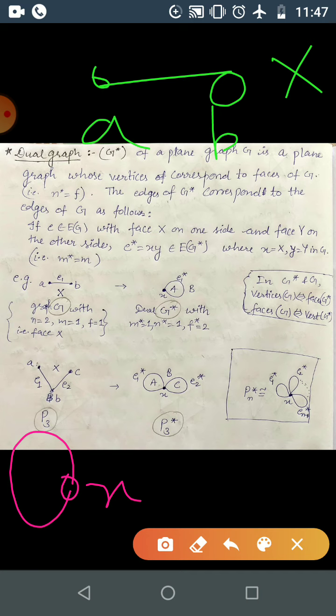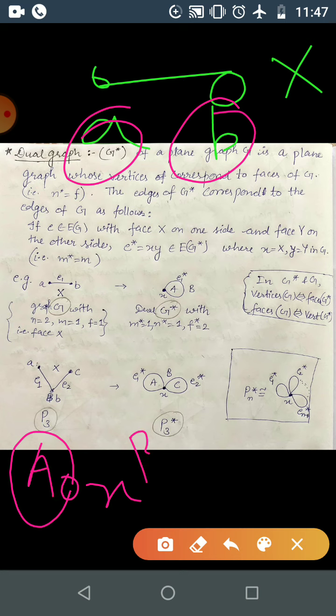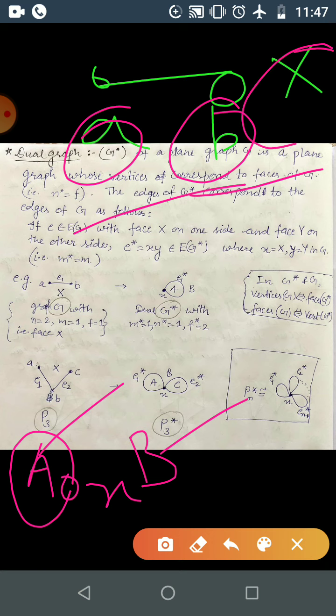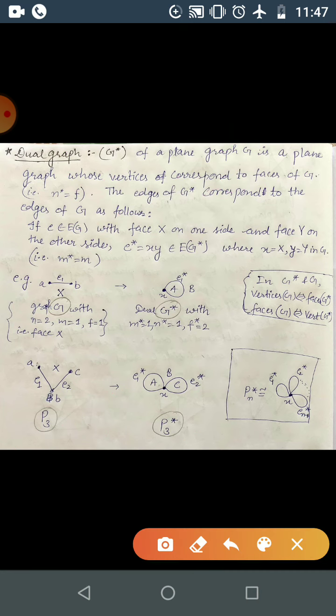Correct? So how many vertices are there? 2. So here also one vertex and two faces will be there, face A and face B. So here vertices correspond to faces and faces correspond to vertices, and here it was one edge, so here also one edge, that becomes a loop. Correct?